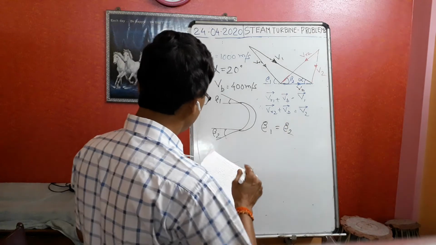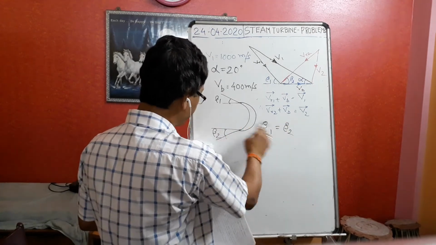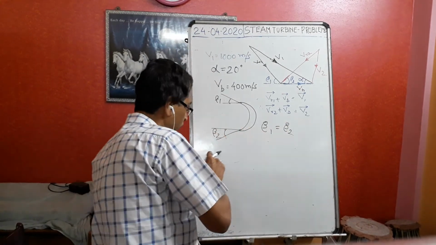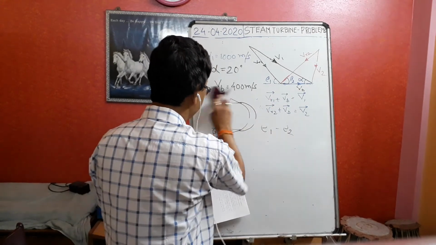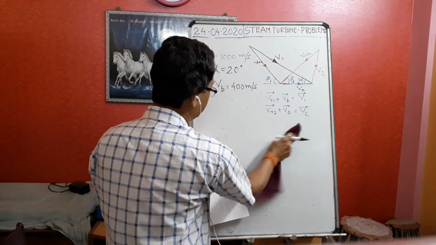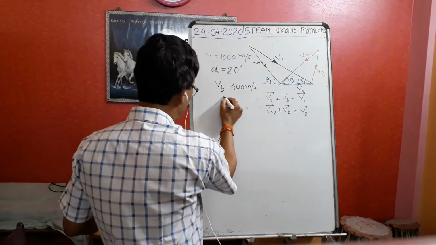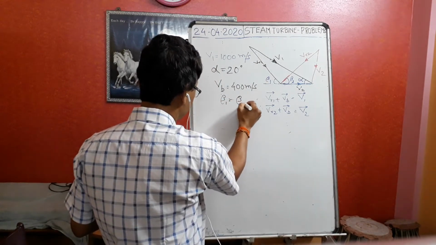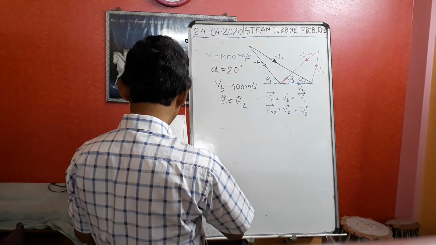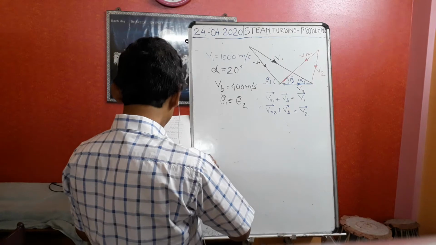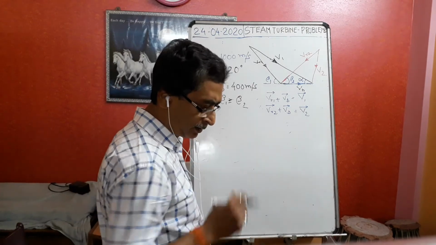The meaning of equiangular is that beta 1 is equal to beta 2. These angles and these angles are the same.